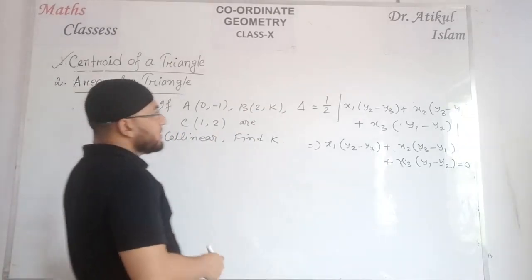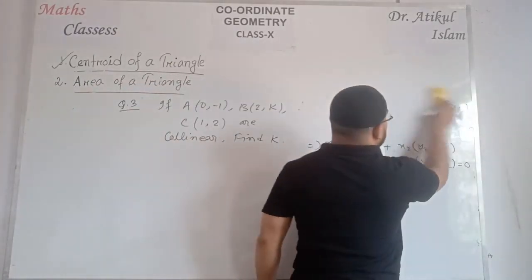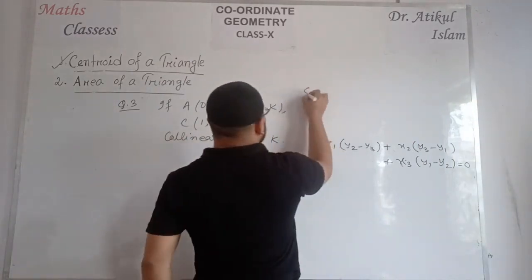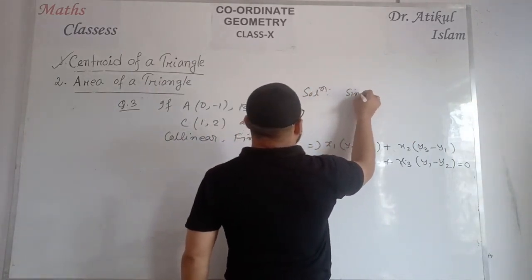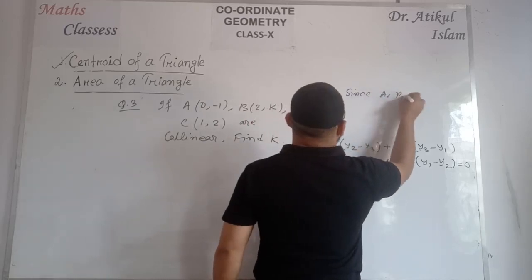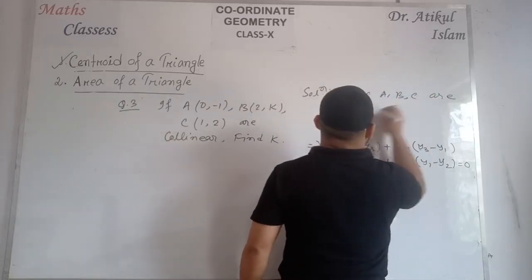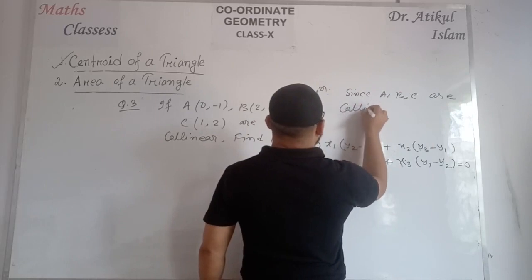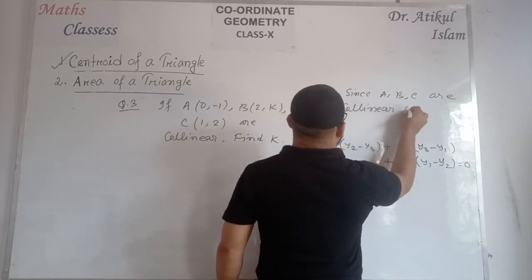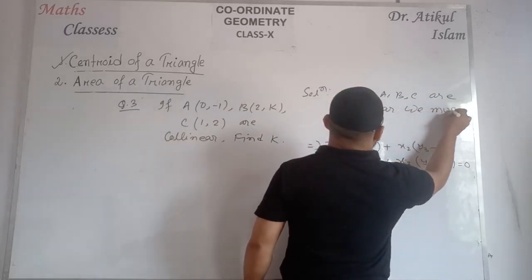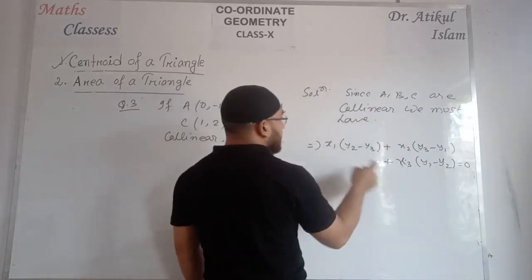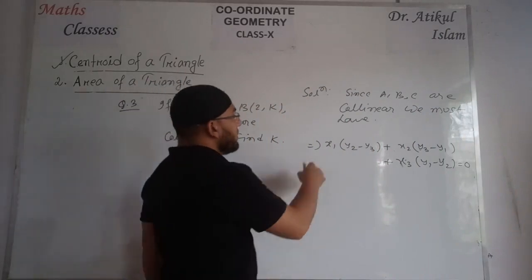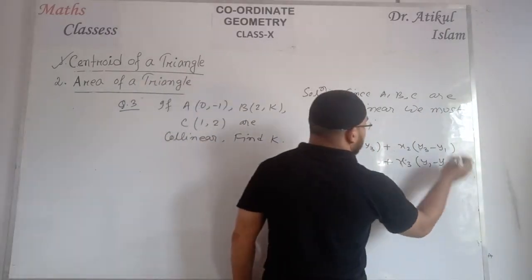So what will be the solution here? Since the points are collinear, your solution will be like this. Since A, B, C are collinear, so we must have delta equal to 0, or you can write the absolute sign.